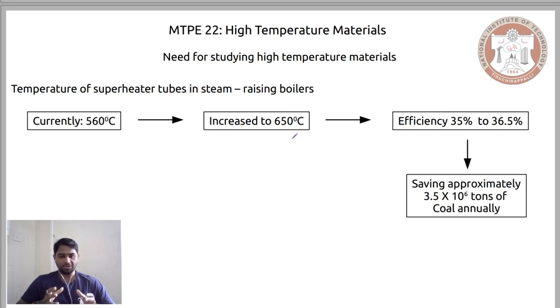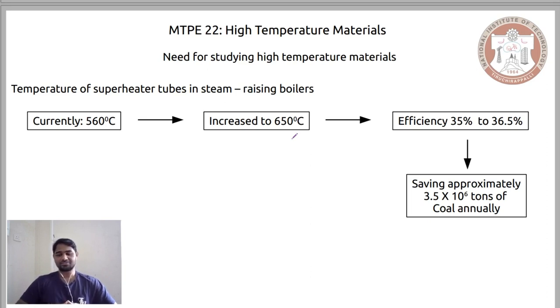So as someone who is studying high temperature materials, if you get fascinated by this research and continue to work in this field, and you are able to contribute a 90 degree increase in the operational temperature of the steam superheater tubes, you would be saving approximately 3.5 into 10 to the power 6 tons of coal annually.